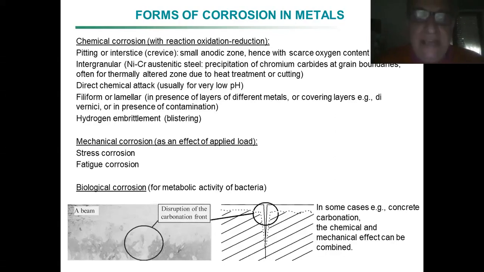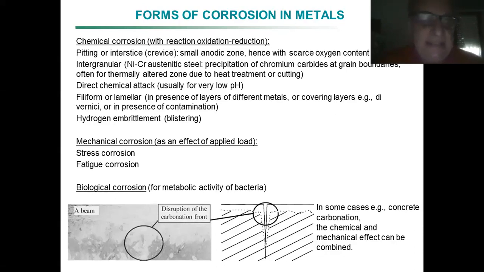Also, they can give rise to a chemical attack. We'll discuss the concrete later on in the next few lectures, so I'm not going into details about that. There is another way of corroding, which is typical of steel.